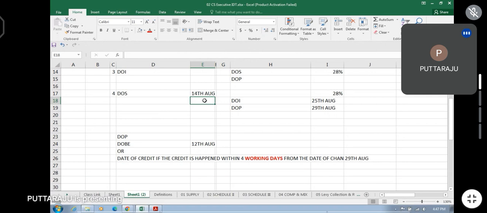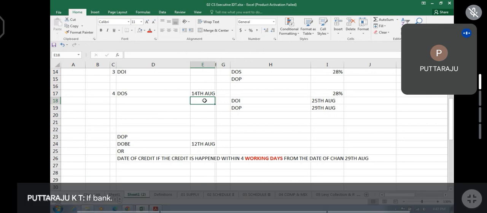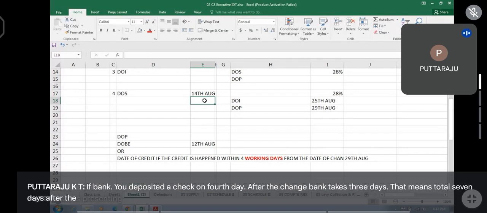If you deposited the check on the 4th day after the change, and the bank takes 3 days, that means a total of 7 days after the change the credit happened. Then the date of payment will be the date of credit in the bank.